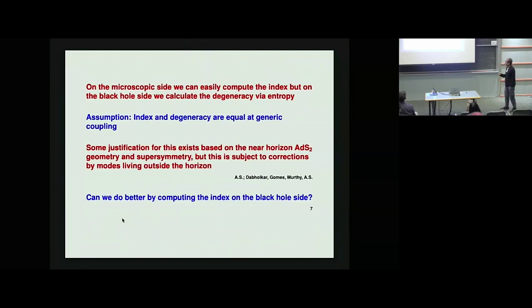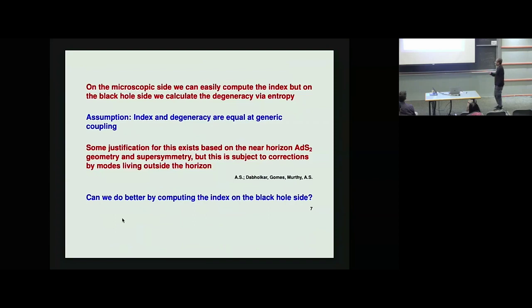On the microscopic side, when you represent the system as a brane system, we can easily compute the index because we are just counting states, so we can always weight by (-1)^F. That's what the index does. But on the black hole side, we usually calculate the degeneracy, because you don't calculate the index directly. The black hole entropy is a log of the degeneracy and not a log of the index.